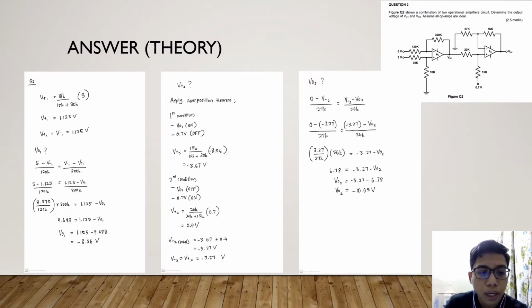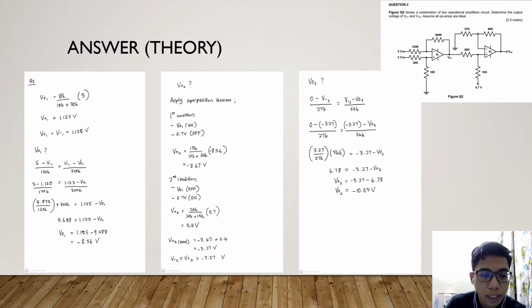Therefore, we get V plus equal to 1.125 volt. Since V plus is equal to V minus, which is 1.125 volt, we can just substitute the value of V minus in the formula.